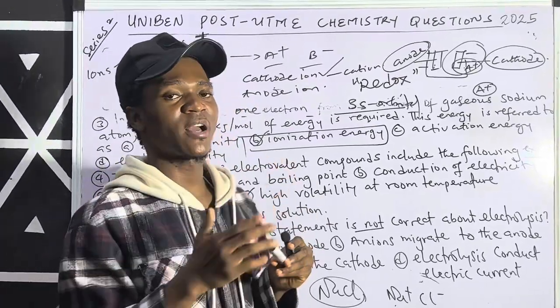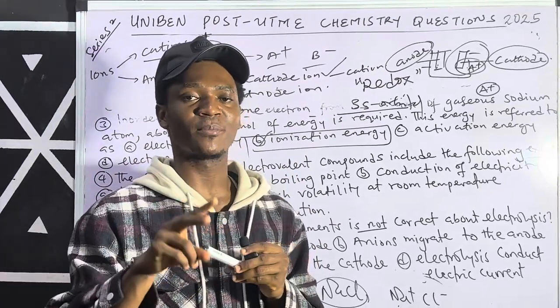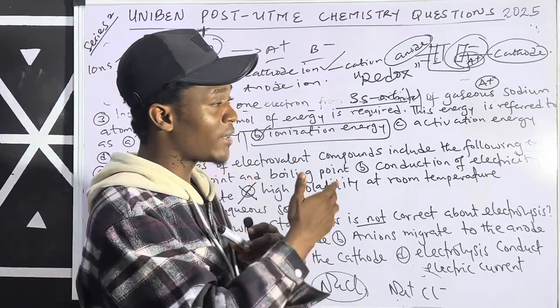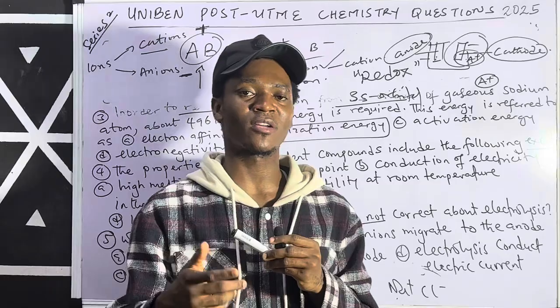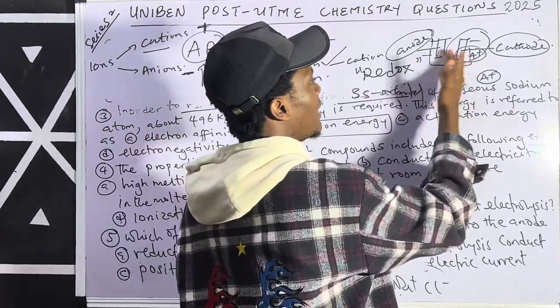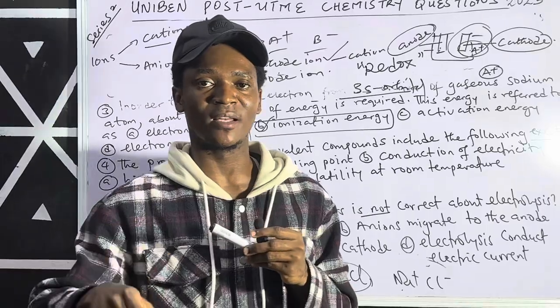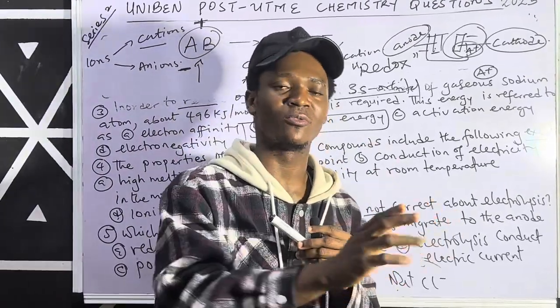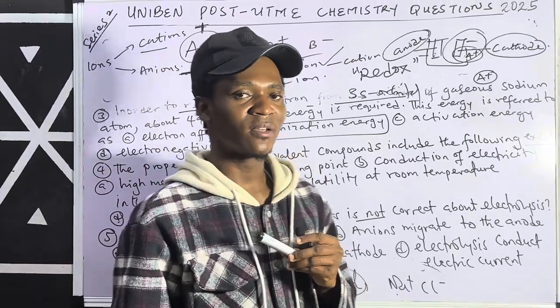Redox reaction talks about two reactions taking place at the same time, meaning reduction and oxidation. So if the redox reaction occurs during electrolysis, it means one of the reactions takes place at one electrode while the other takes place at the other electrode.